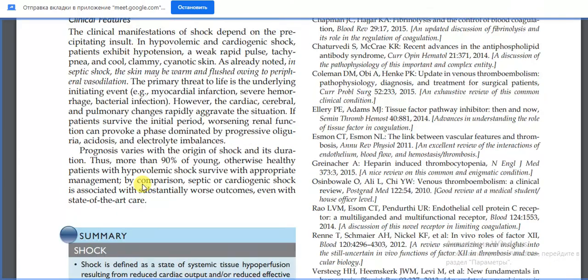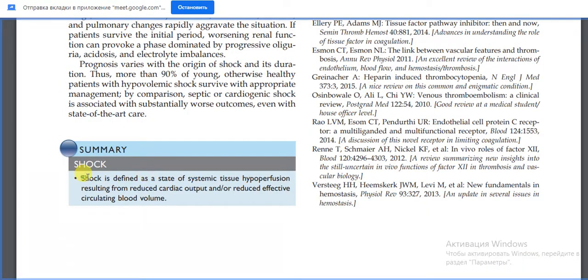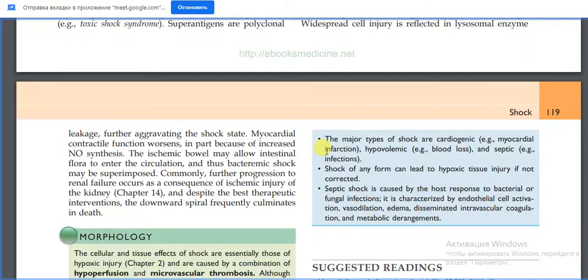Clinical features are for the clinic. Let's talk about the summary. Shock is defined as a state of systemic tissue hypoperfusion resulting from reduced cardiac output and/or reduced effective circulating blood volume. The major types of shock are cardiogenic, hypovolemic, and septic.